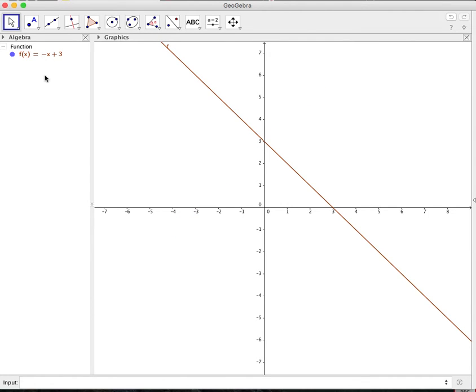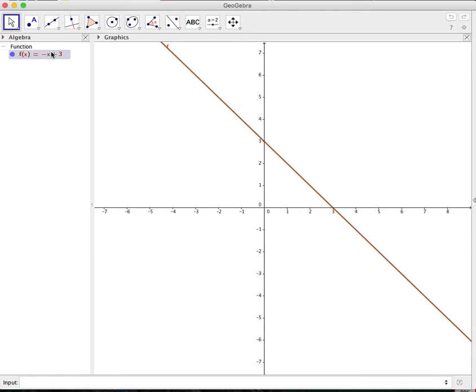Look at this, just what I would expect. We now have a negative slope, and the line still crosses at 3 and negative 1. That's awesome. So we have the sense of how a linear equation works in GeoGebra.